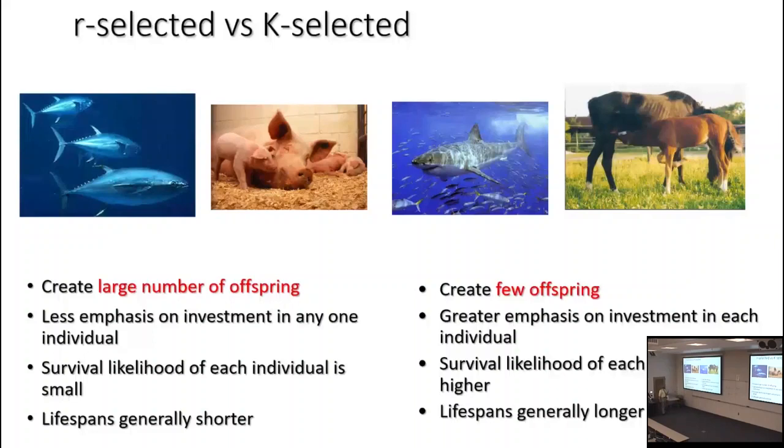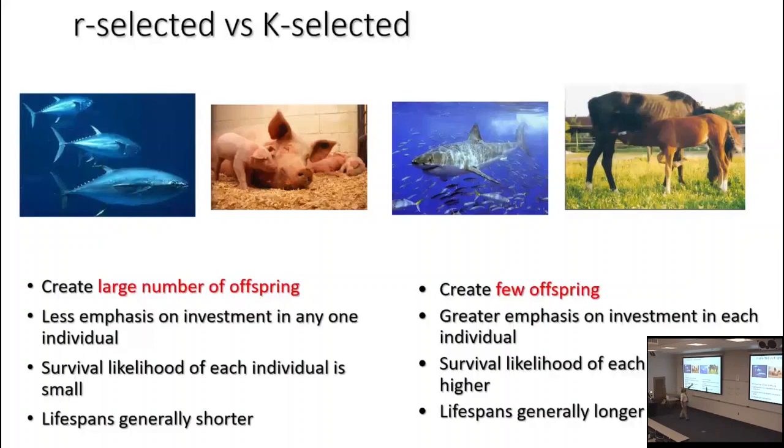In contrast, K-selected organisms tend to create fewer offspring. And there's more emphasis on investment in each individual offspring. That might be expressed as more parental care, but it might simply be more of your metabolic energy that's invested in producing them. Consequently, the survival likelihood of any individual is higher, and the lifespans are generally longer.